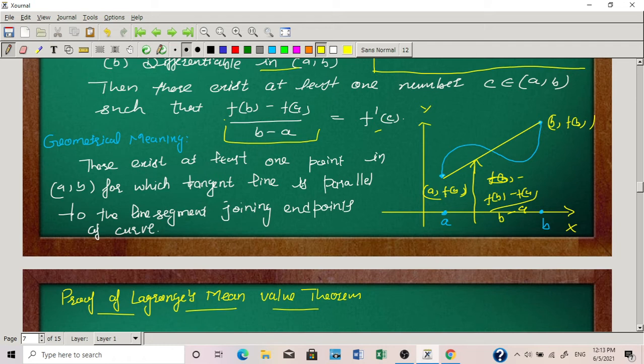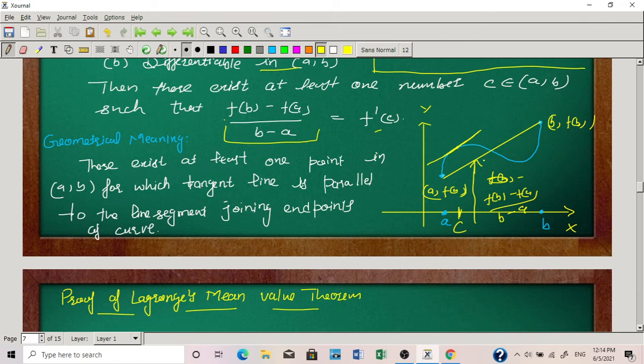क्या कह रहे हैं हम? ये कह रहे हैं कि इस ओपन इंटरवल में कोई पॉइंट हमें c ऐसा मिलेगा such that इस पॉइंट c पे, if we draw the tangent line, that tangent line will be parallel to the line joining these endpoints. यही इसका ज्योमेट्रिकल मीनिंग है, ये मैंने लिखा भी है. There exists at least one point in the open interval (a, b) for which the tangent line is parallel to the line joining the endpoints of the curve.